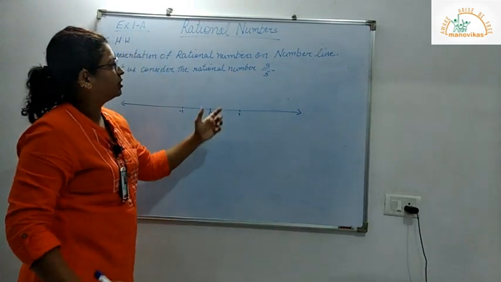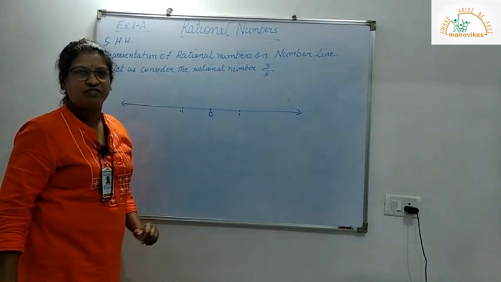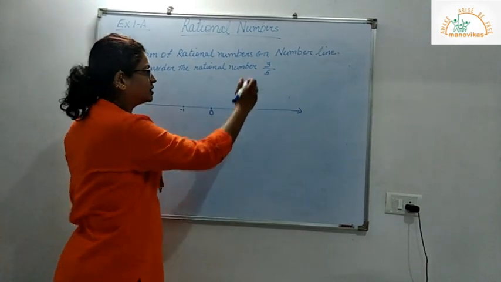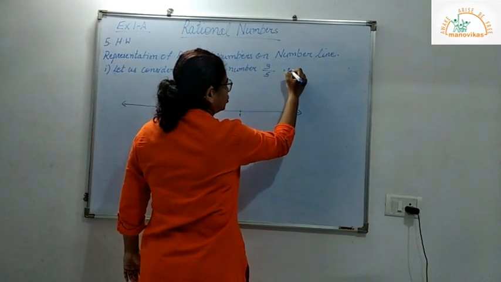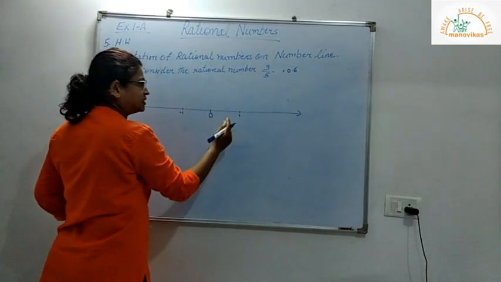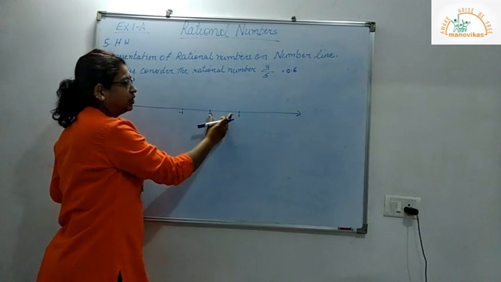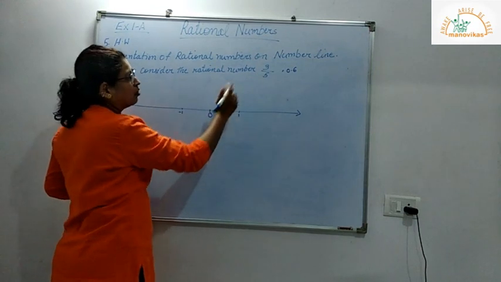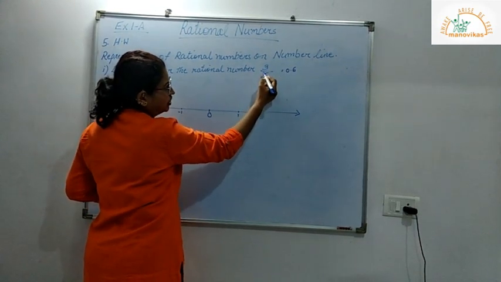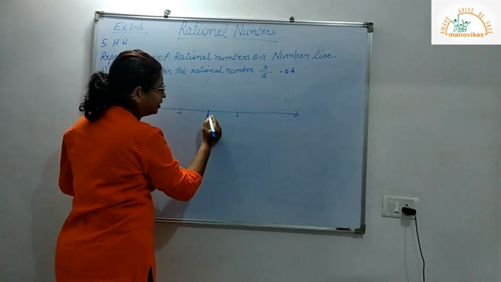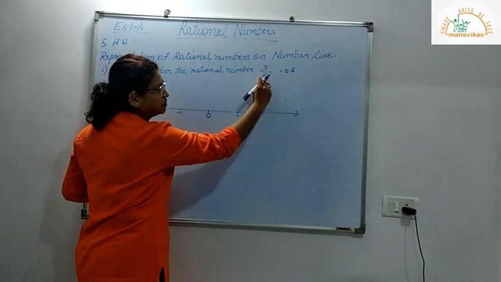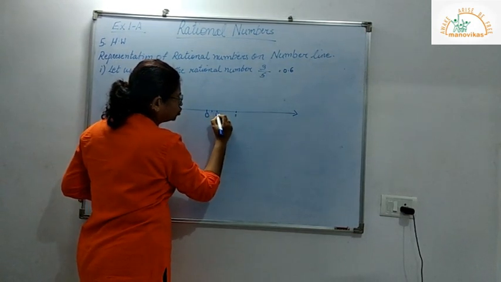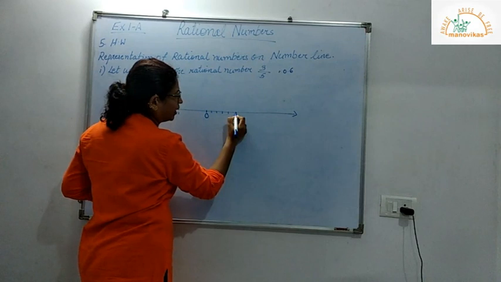The given rational number here is 3 upon 5. If you divide 3 by 5, you get 0.6. Now 0.6 is less than 1, so it will lie within the first unit length, from 0 to 1. Since the fraction is 3 divided by 5, we divide this unit length as per the denominator into 5 equal parts: 1, 2, 3, 4 and 5.